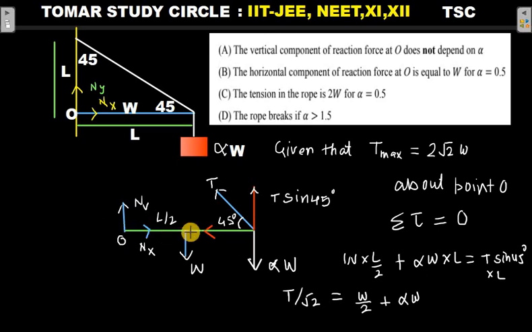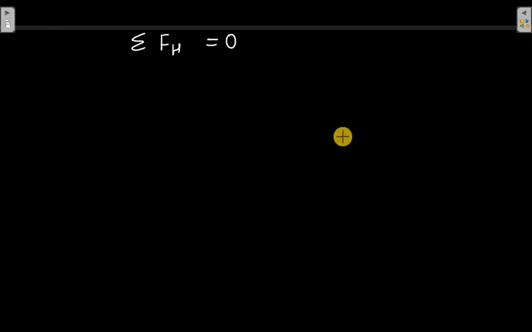Since the rod is in horizontal equilibrium, Nx will be equal to T cos 45. That becomes T upon root 2.